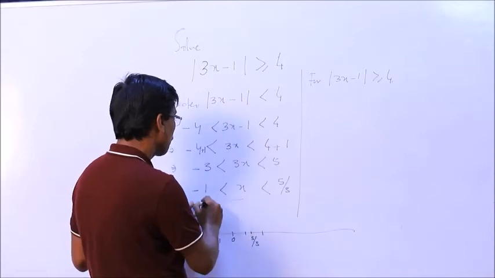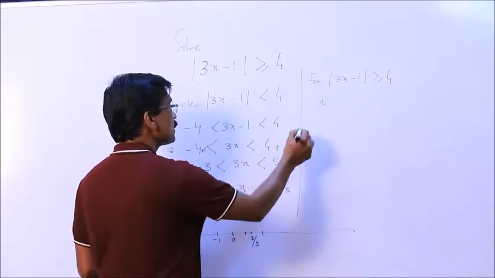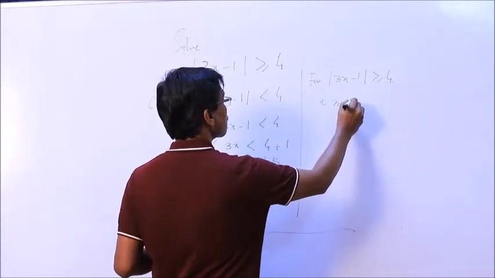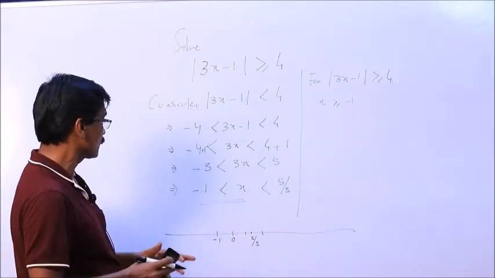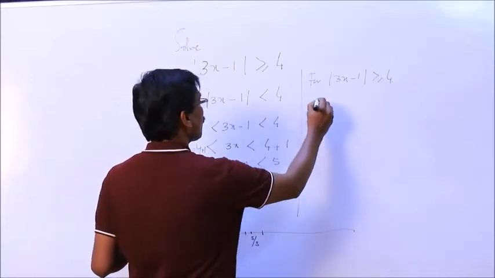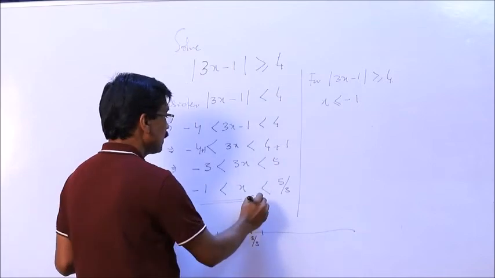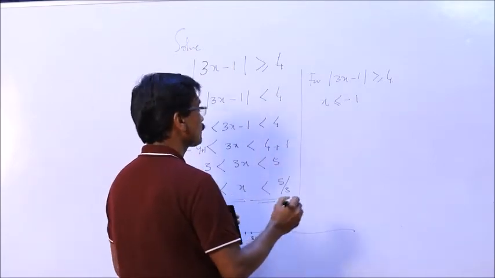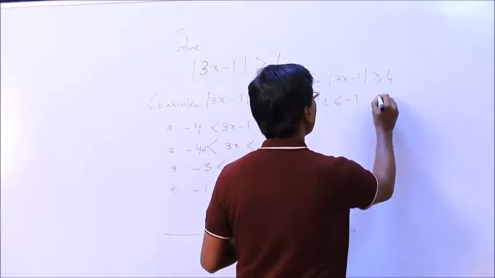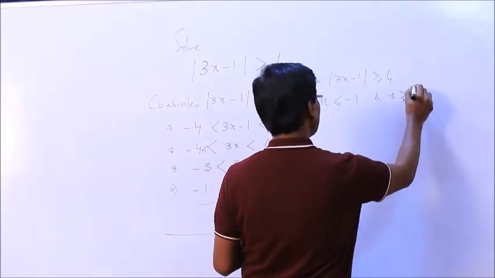Its reverse is x less than or equal to minus 1, and the second part is x greater than or equal to 5 by 3.